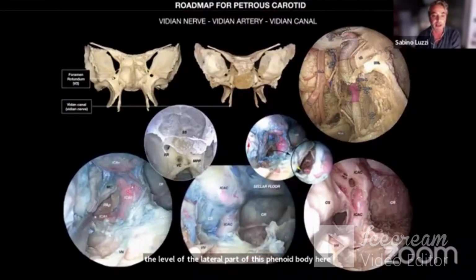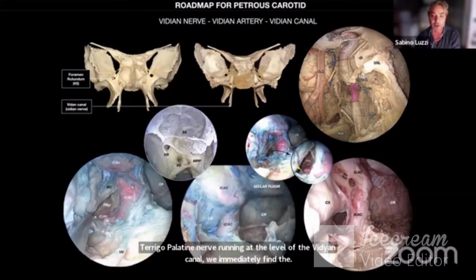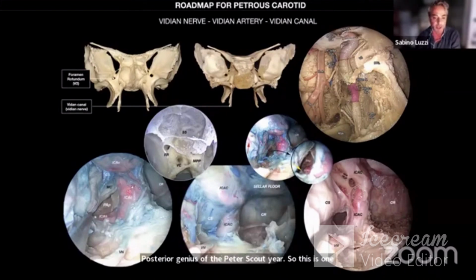It is the most important landmark to find the petrous carotid, the most lateral and posterior genu of the carotid. If we follow the Vidian nerve, the pterygopalatine nerve running in the Vidian canal, we immediately find the posterior genu of the petrous carotid. So this is one of the most critical and important landmarks in endoscopic skull-base surgery.